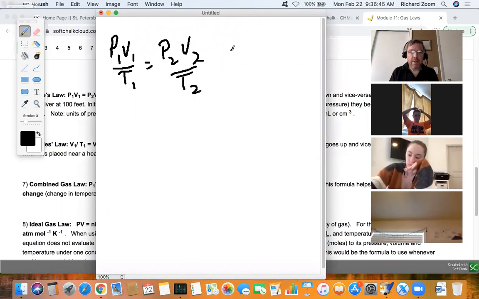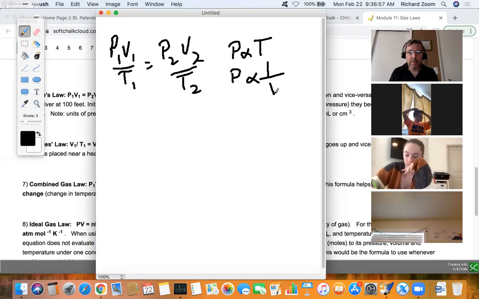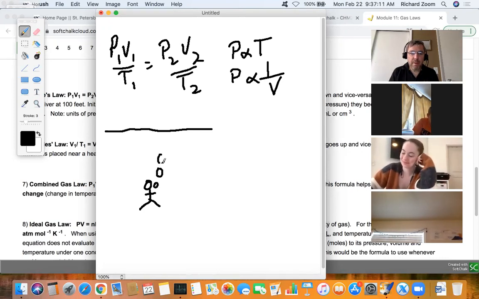Because of the way this is arranged, what we can tell is that pressure is proportionate to temperature, and pressure is inversely proportional to volume. So one thing that we know is, we'll do the pressure and volume first. That's water, by the way. This is a person on the bottom of the seabed, for example.